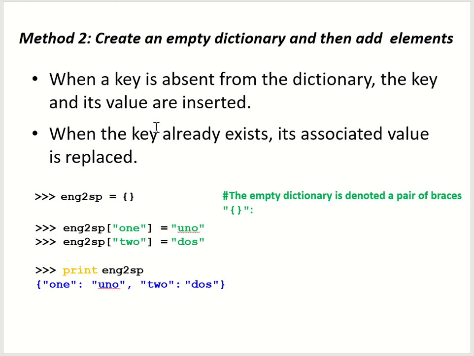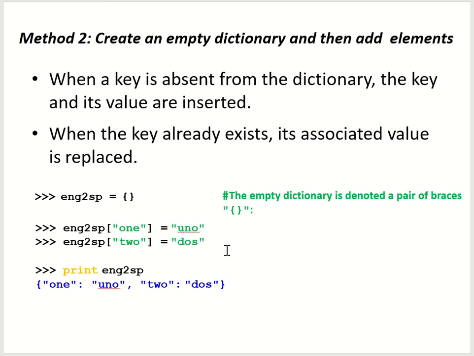So the other way that you can fill in a dictionary is to initially assign a variable an empty dictionary. Just open curly bracket, close curly bracket. And then assign values to a key. The key doesn't have to exist. If it does, the value associated with it will be replaced.